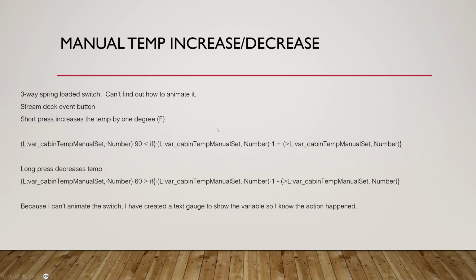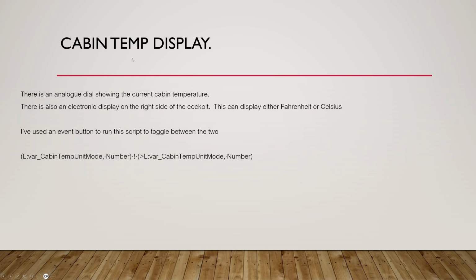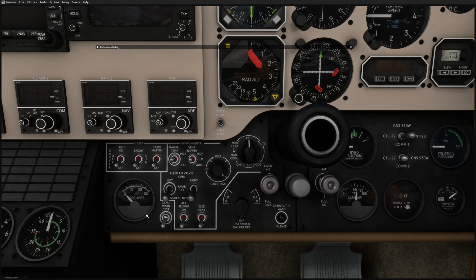What you have got in real life is a cabin temperature display, and you've got that here, which is showing you the current air temperature on an analog gauge in Fahrenheit.